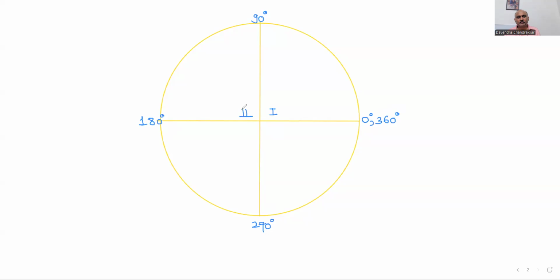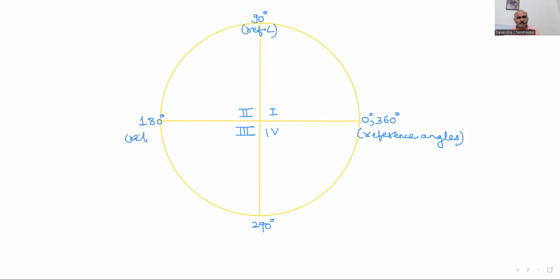So first, second, third, and fourth quadrant. Okay. Now, the quadrant between 0 and 90 is the first one. These angles have a special name. They are called reference angles. This is a reference angle.